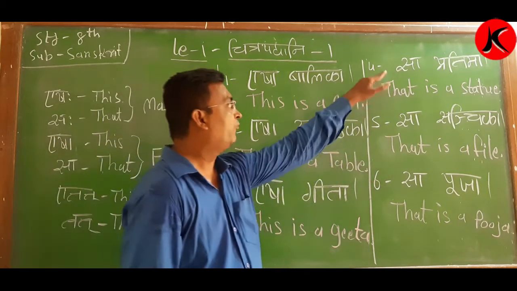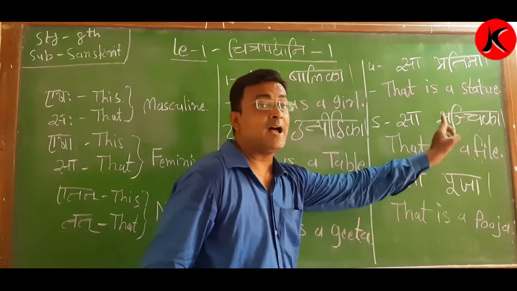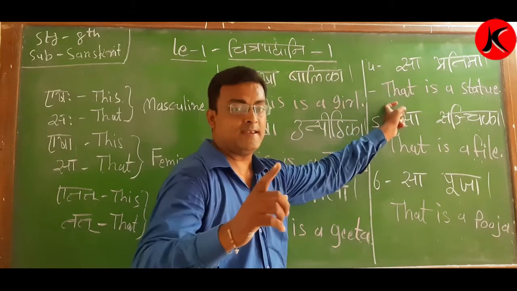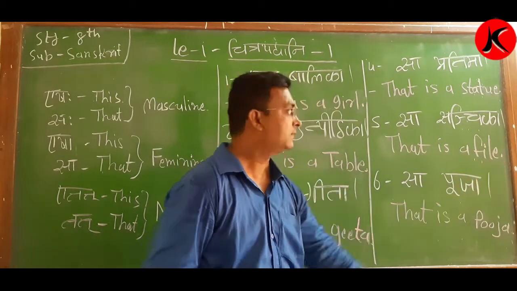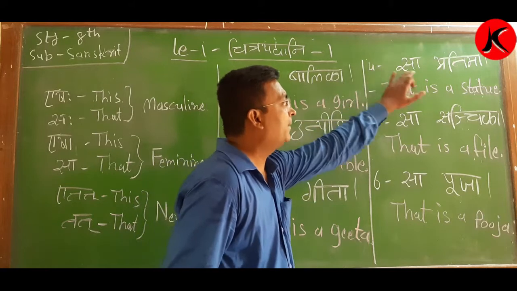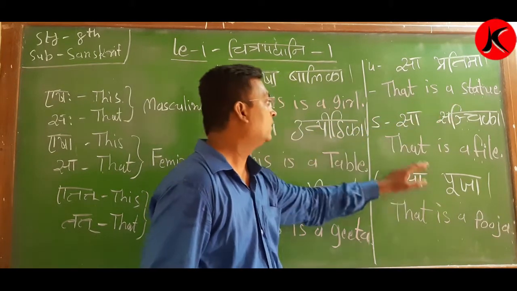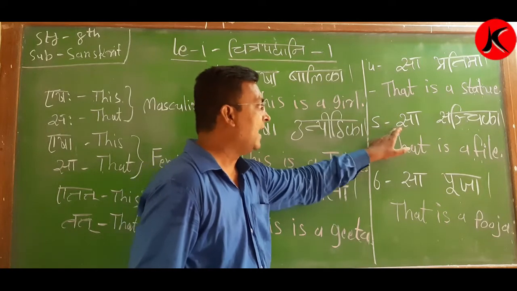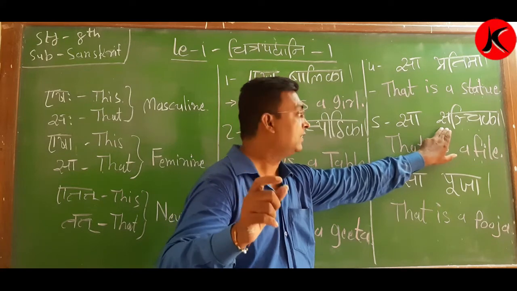The fourth one is Sa Pratima. Sa means that, a little bit far away from us. So Sa Pratima, that is a statue. Fifth one, Sa Sanchika. Just to clear the pronunciation, students.